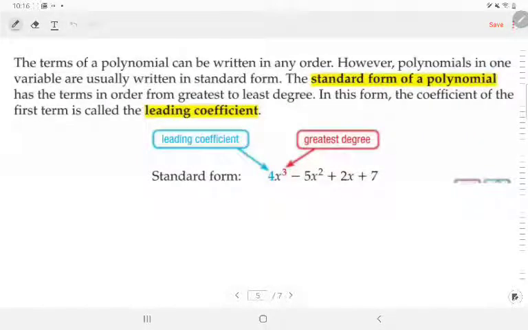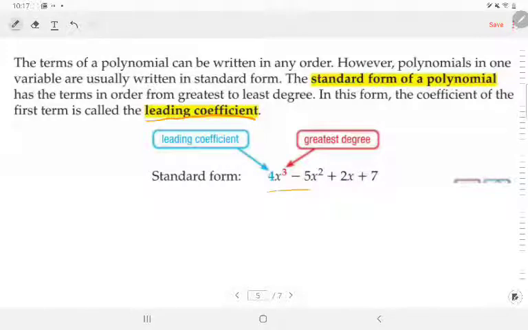So the terms of a polynomial can be written in any order. However, polynomials in one variable are usually written in standard form. The standard form of a polynomial has the terms in order from greatest to least degree. In this form, the coefficient of the first term is called the leading coefficient. Okay?